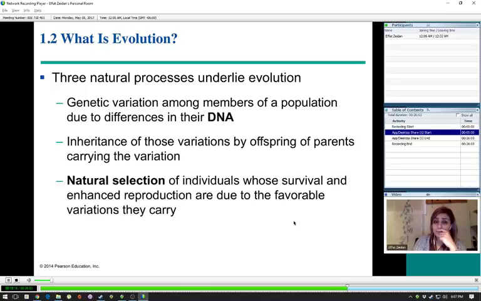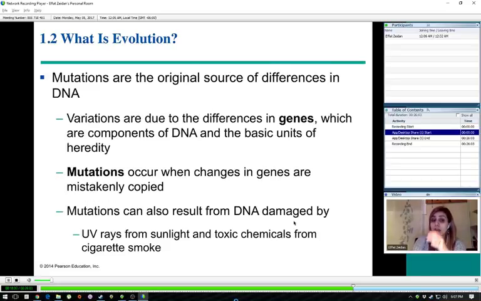The second one is the inheritance of those variations by the offsprings of the parents carrying the variation. So the parents pass that variation to their offsprings. And then natural selection is the last, where there is a natural selection of only those who survive the environmental conditions they are in. And those who cannot, they become extinct.